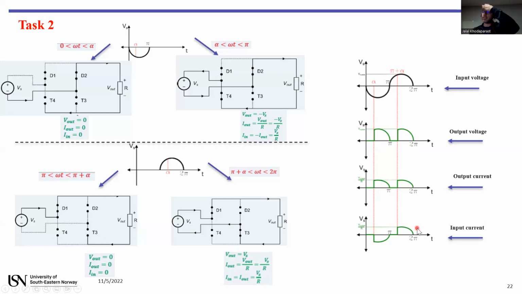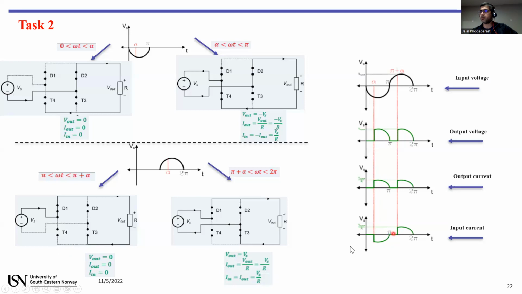And the last part is input current. We started from here. Input, firstly, it's 0. Then input is the negative of output current. This one is output current, and its negative will be this one. Then here, the input current is 0.